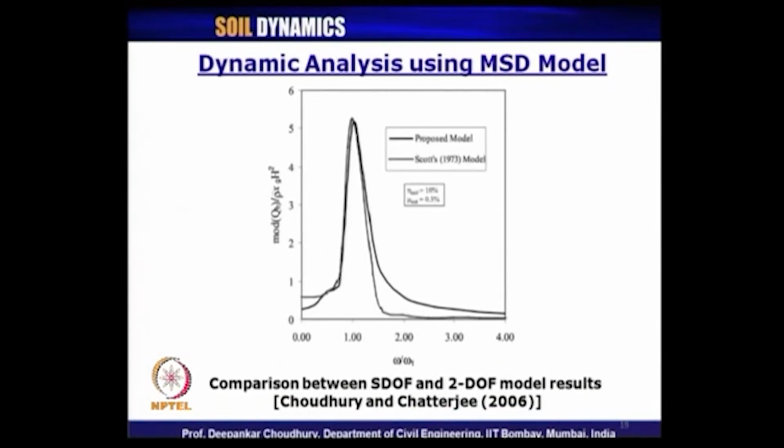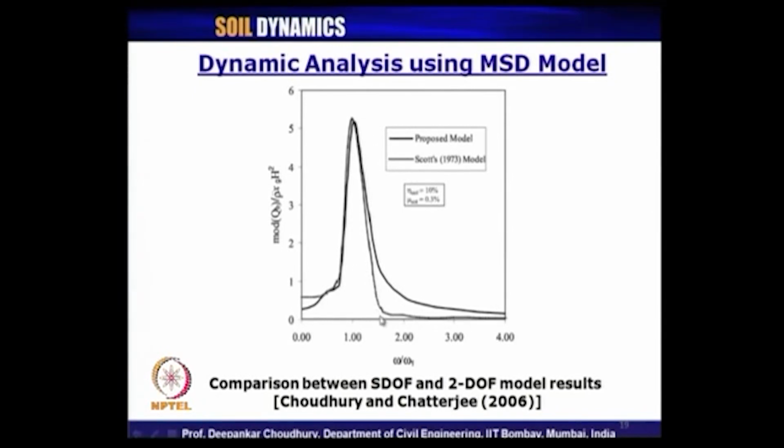And also, how do we validate the model? We have validated our model with respect to the basic single degree of freedom model of Scott. You can see this is our proposed 2 degrees of freedom model, and this one is Scott's model, considering a single degree of freedom model.